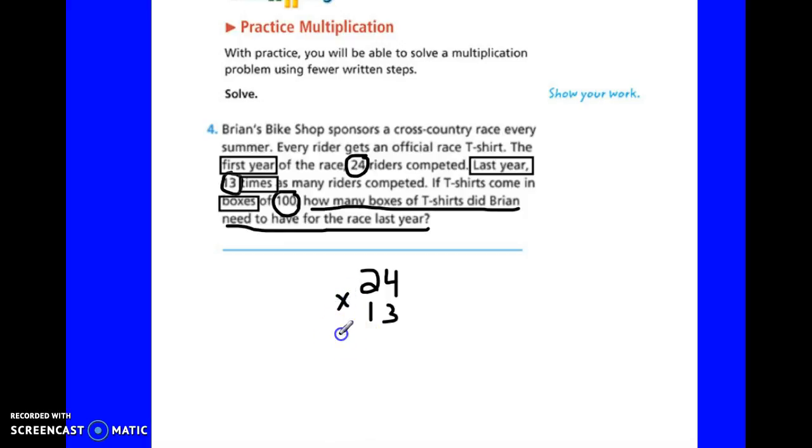All right. And do the turtle method. 3 times 4 is 12. 2 carry the 1. 2 times 3 is 6, plus 1 is 7. Cross off what I carried, add my collar, lay my egg, and then I go ahead and keep multiplying. 1 times 4 is 4, and 1 times 2 is 2.